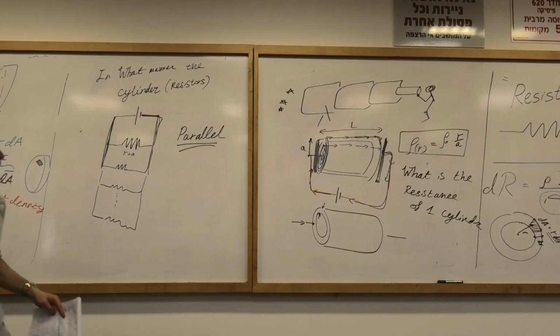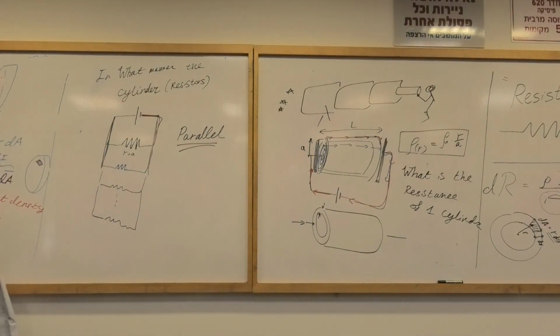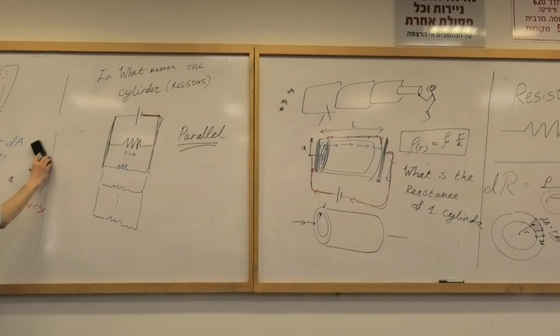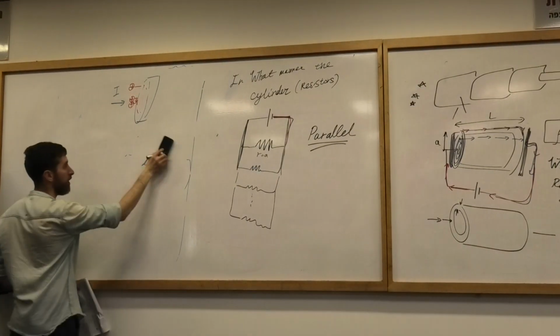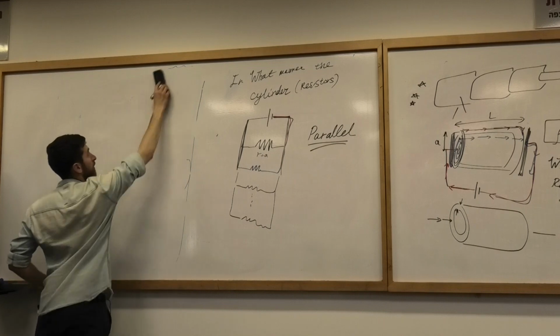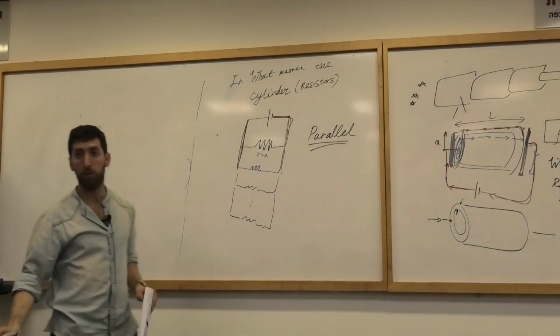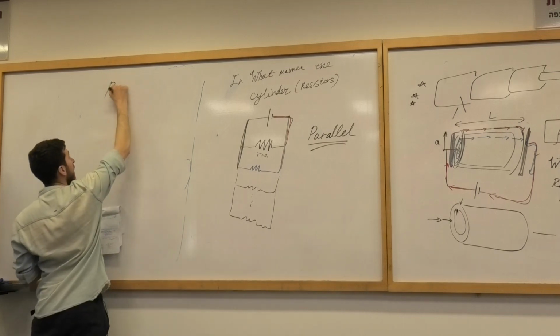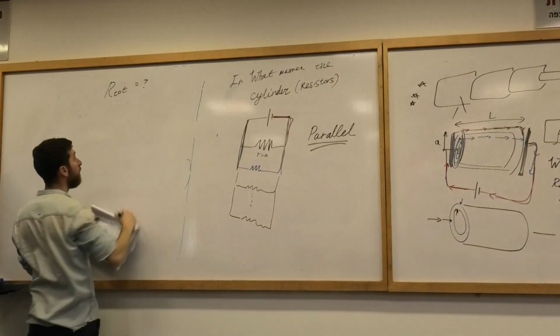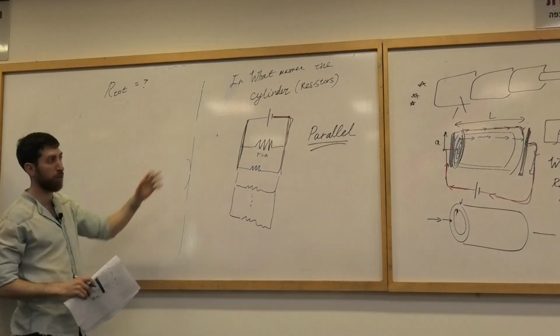Okay. So I'm going to this part of the board. So right now, if we know how the resistors are connected, what's going to be my next question? Yes, the equivalent resistor, or I like to call it the total one, the one that's going to give the same result to the circuit.